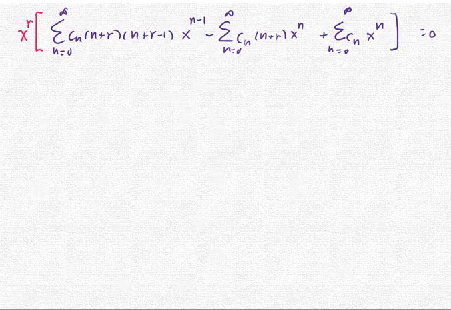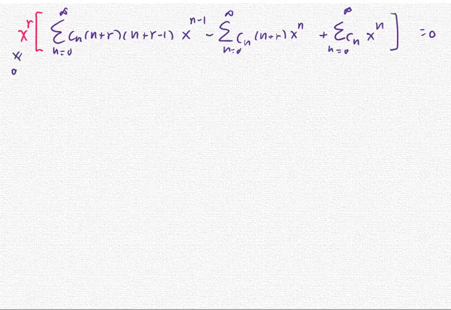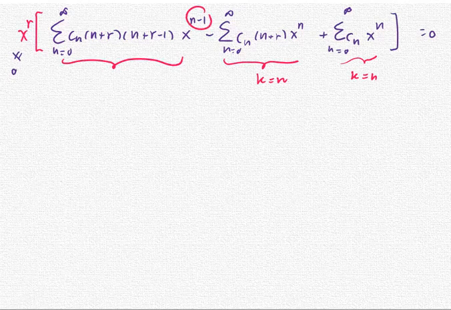Get x to the power r out of the way, and this is not 0. And then work on adjusting the powers to be the same. For the last one, let k be n, so no change. The second term is similar, so let k be n, no change. But for the first one, we let k be n minus 1.